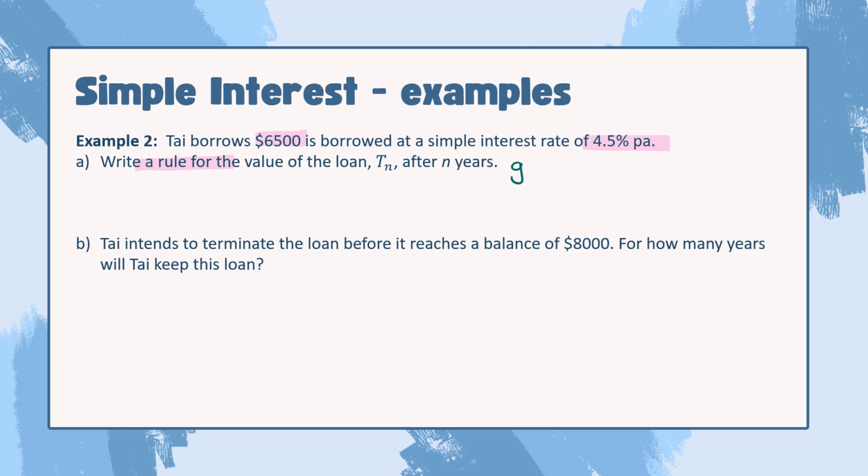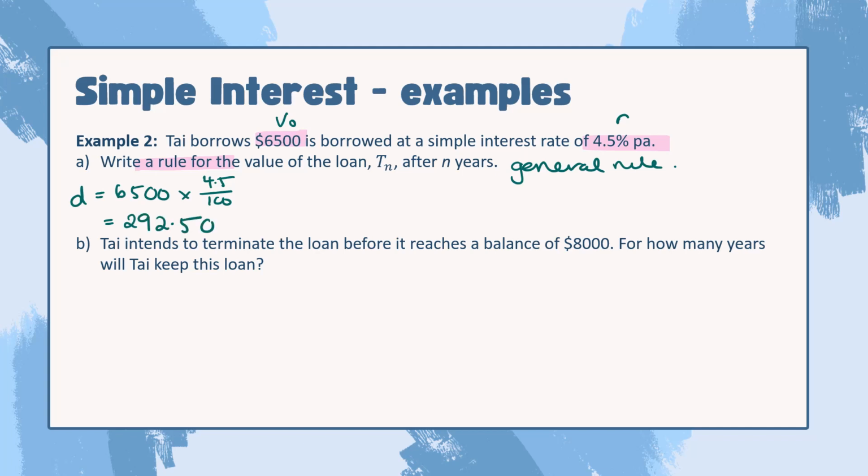So that means we're writing a general rule. Before we can do that, we still need to know what our constant value of D is. So D, again, will be our starting value, 6,500, multiplied by our rate, 4.5 over 100. And so our constant value there is $292.50.